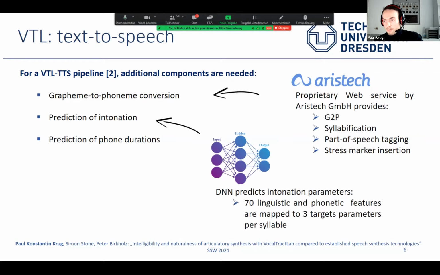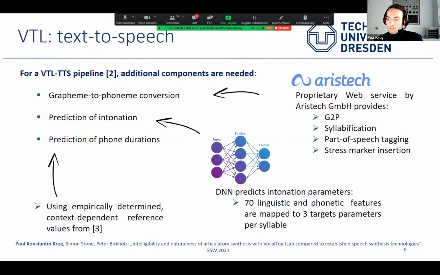And the phone durations are actually taken from predetermined values from a study from Bernd Möbius and Jan van Santen from the 90s, actually. So this pipeline, of course, has room for improvement, but so far it already works as a text-to-speech pipeline.